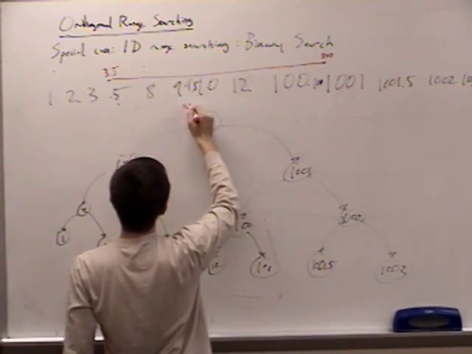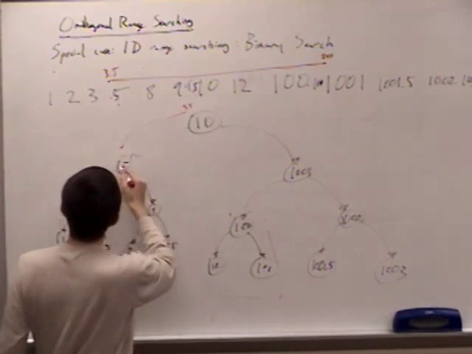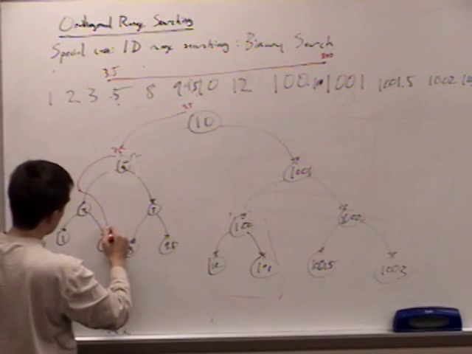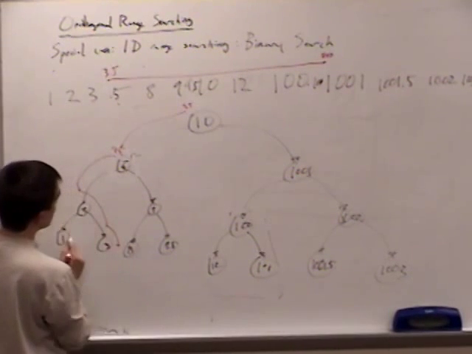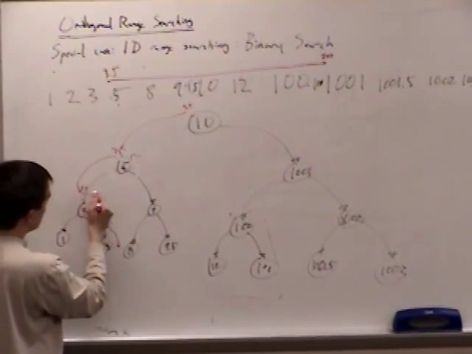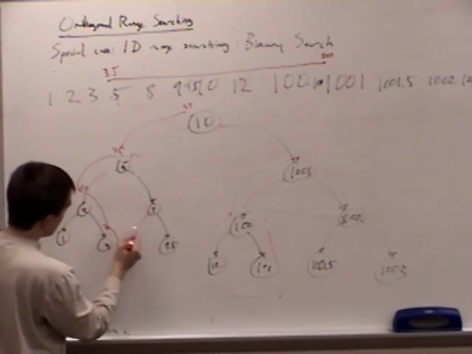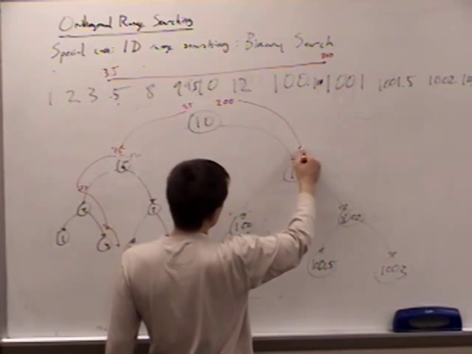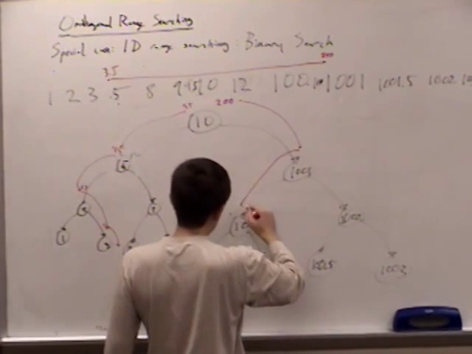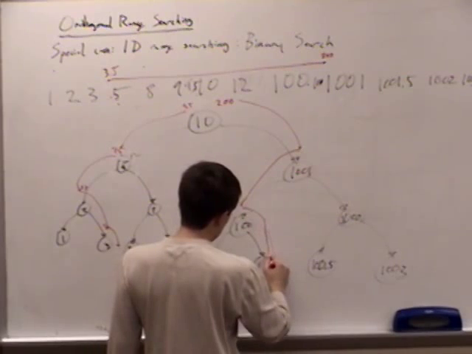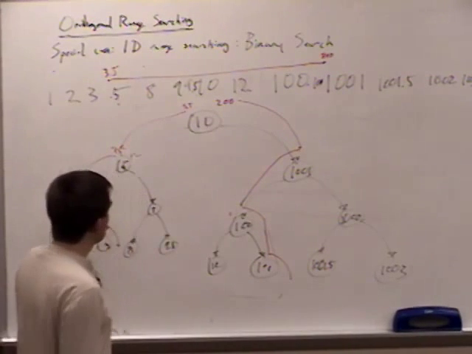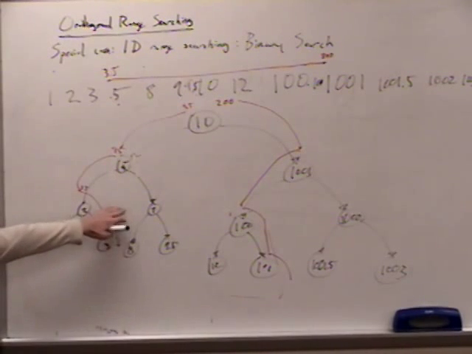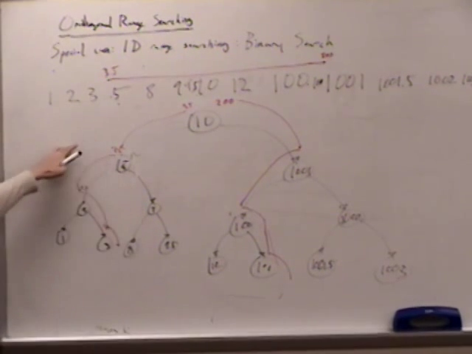So 3.5 walks down here, walks down here, walks down here, walks down here, right? Similarly, if we start from 200, 200 goes here, falls to the left, and falls to the right, and to the right.